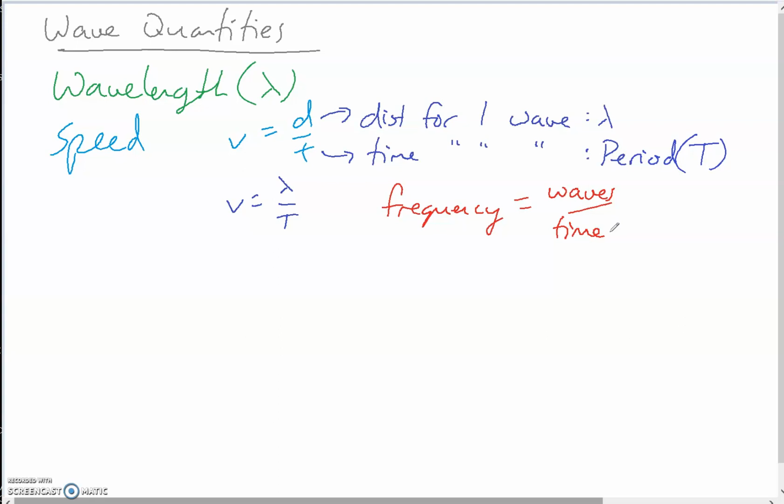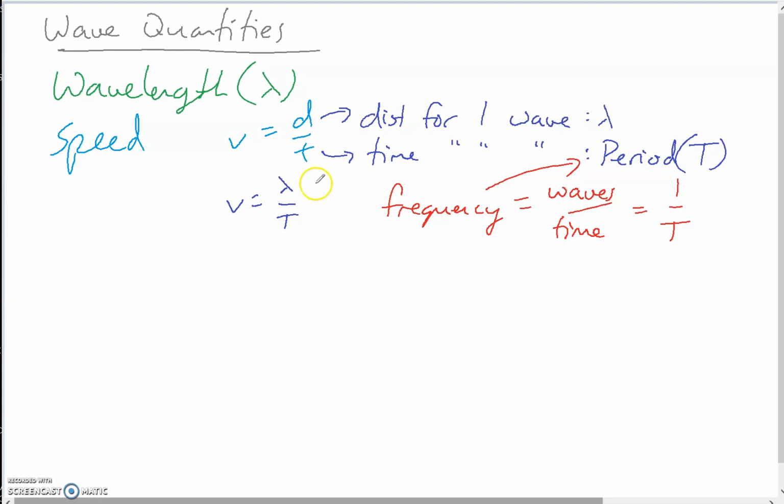Now, this is directly connected to period, because period is the time for a wave, and frequency is the waves per time. These two are actually inverses of each other. So frequency is actually the inverse of period. One is the waves per time, the other one is time per wave. So they're actually inverses of each other.